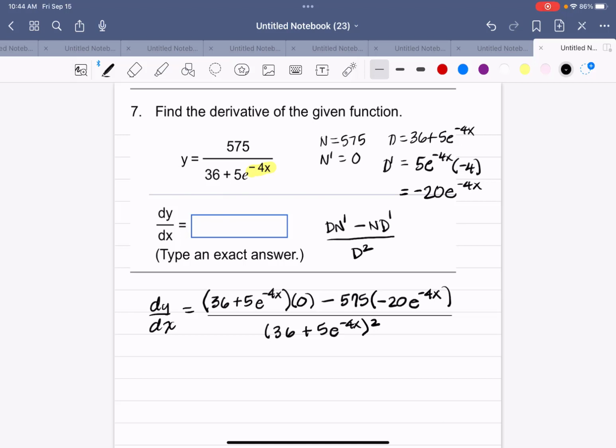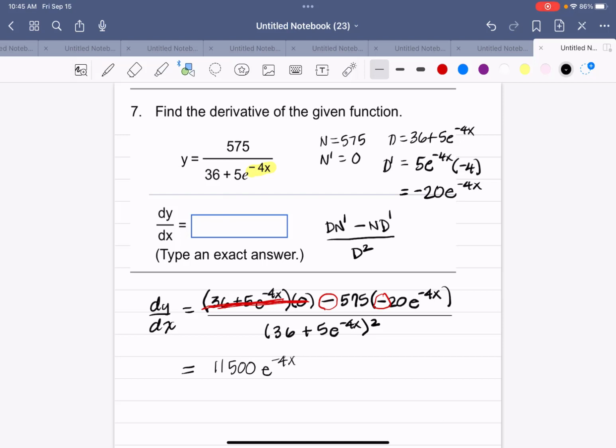So since this is going to be a 0, that's going to cancel to 0. Then I'm going to have a negative times a negative, so that's going to be a positive. 575 times 20, so that's 11,500 times e to the negative 4x.